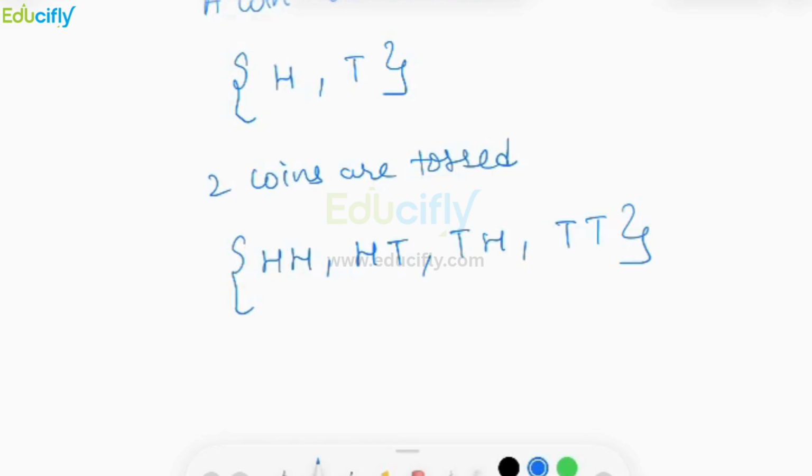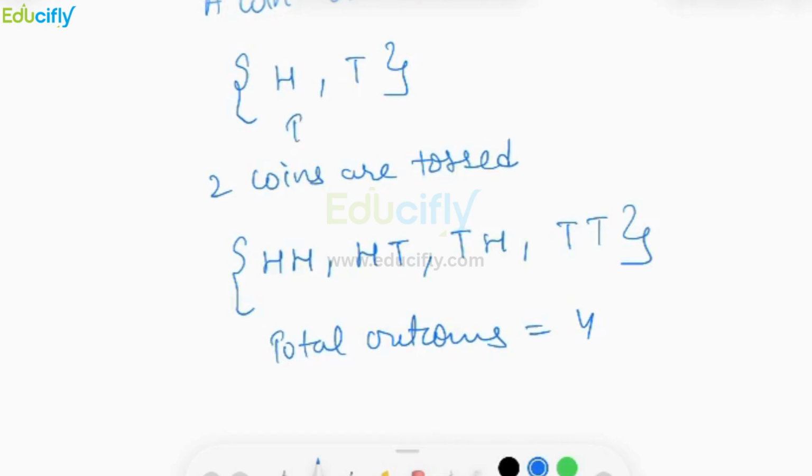So total outcomes here is four in number. And here your total outcomes were two in number. So basically, listing is simply writing down what outcomes you will be getting after tossing or after throwing anything, after taking out from a bag or anything.